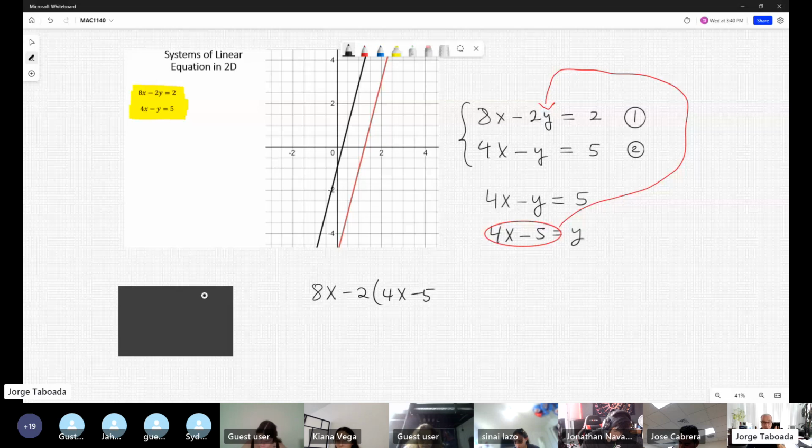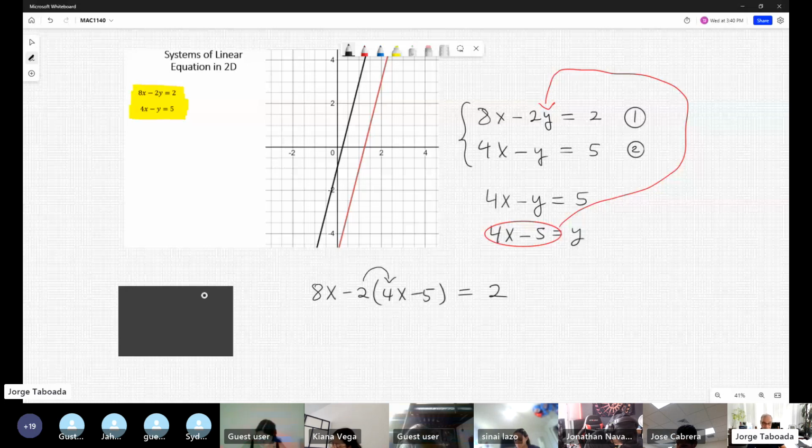This parenthesis is extremely important, because y is only one variable, however, we replace it by one binomial. So this negative 2 in front multiplies everything. Equal to 10. I copied the second equation. The only thing I did was substitute y in the first equation by the equivalent expression 4x minus 5.